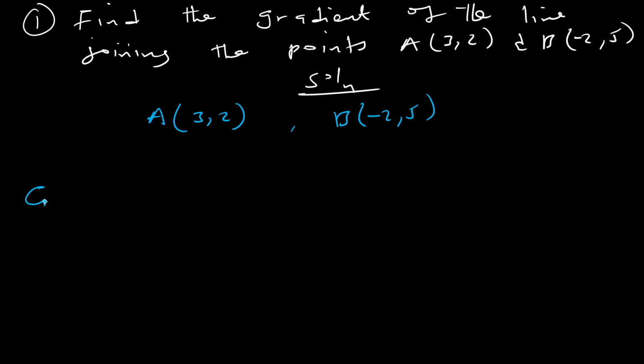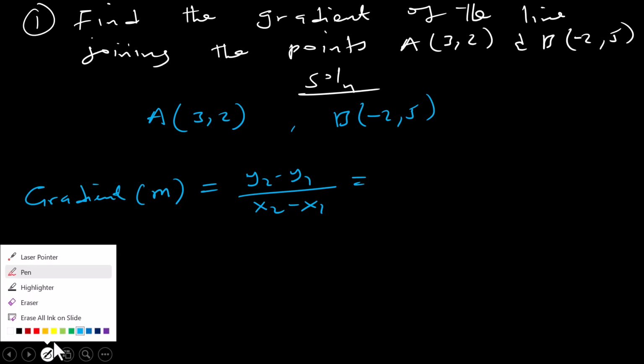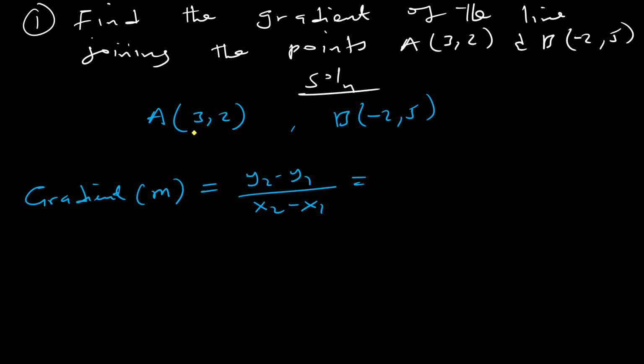So our gradient here is given by changing y on changing x. So let's label our points and substitute. Very simple. x1, y1, x2, y2.